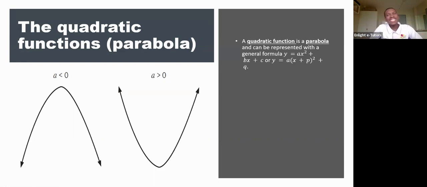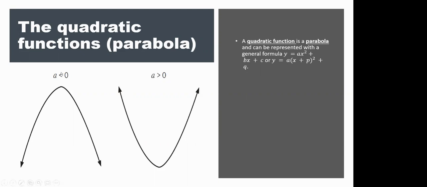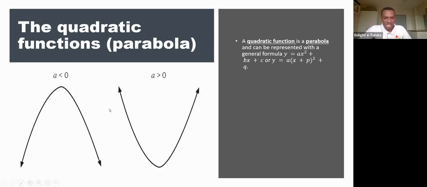So the a is the gradient, you understand? If your gradient is negative, your graph faces downwards. If your gradient is positive, your graph will face upwards.